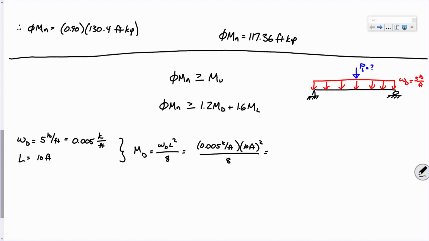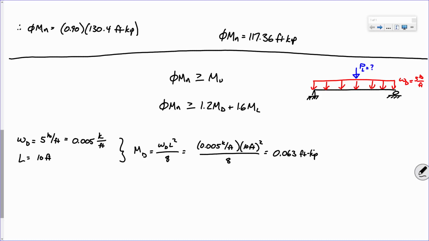What do we got? All right, 0.063 foot kips.